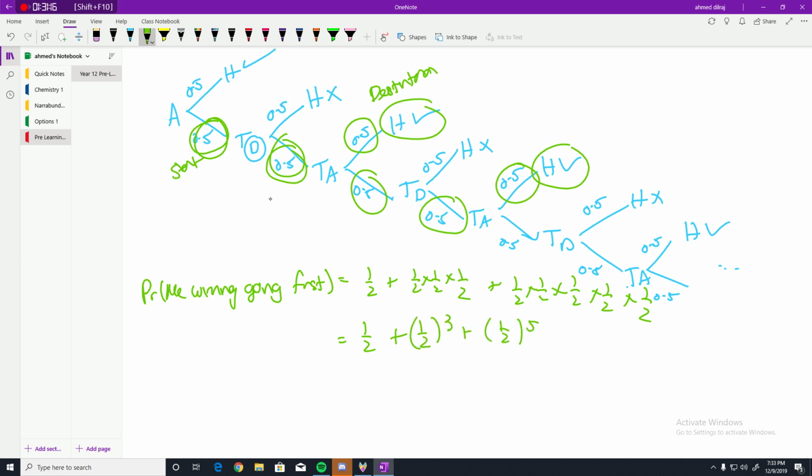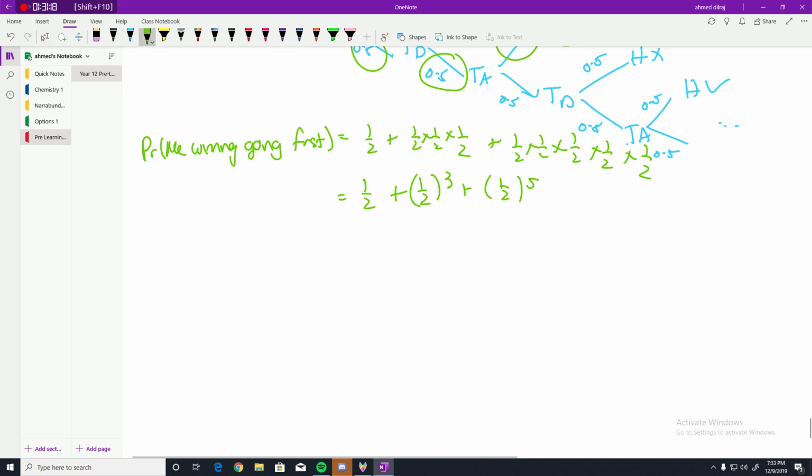Now, if you remember our infinity formula, the sum to infinity is equal to a over 1 minus r. a is our first term, and r is our common ratio. So Daksh, what's our common ratio in this case? Is the common ratio just 1 on 4? Yeah, perfect.